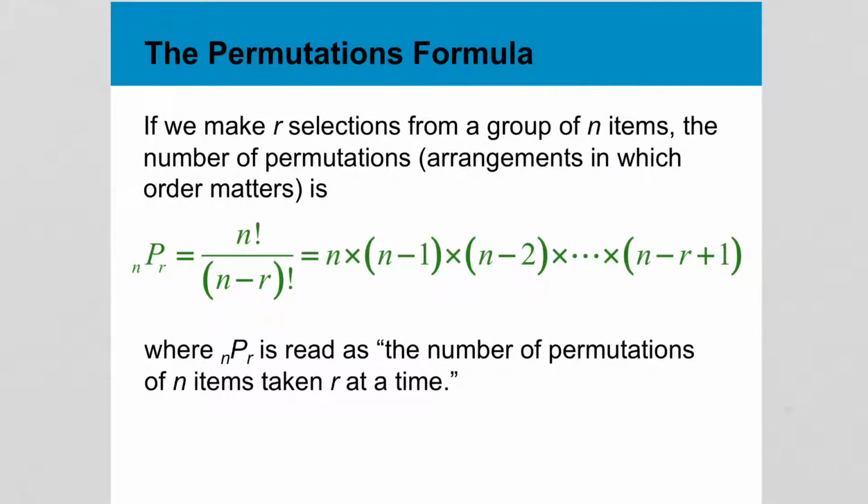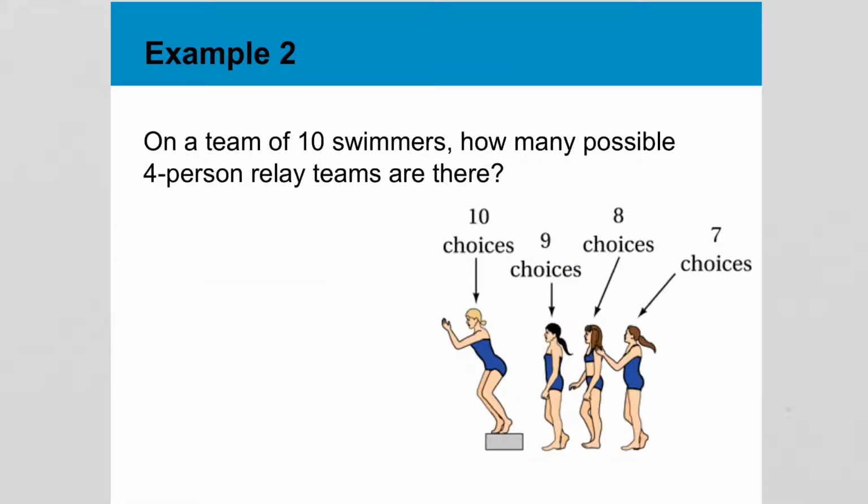If we make r selections from a group of n items, the number of permutations is n factorial over n minus r factorial. On a team of 10 swimmers, how many possible 4-person relay teams are there?